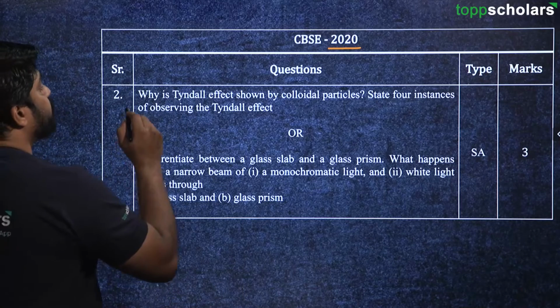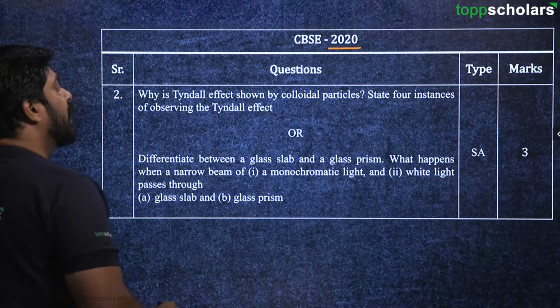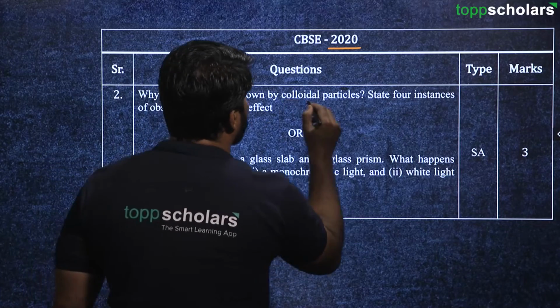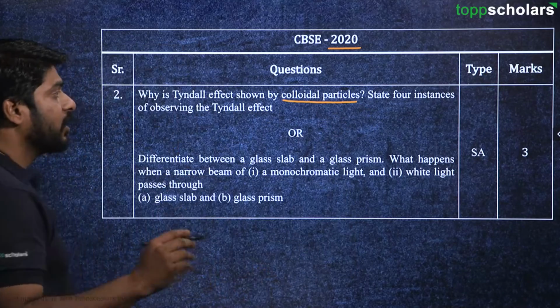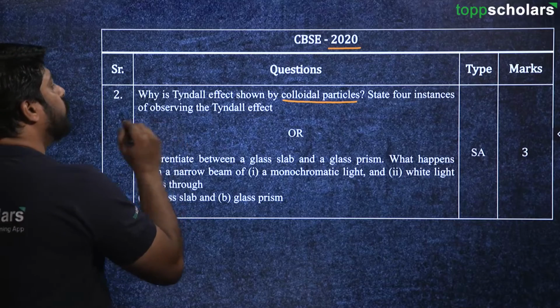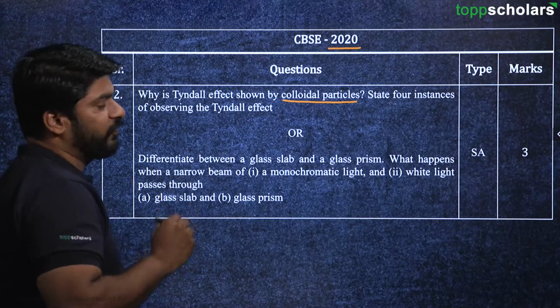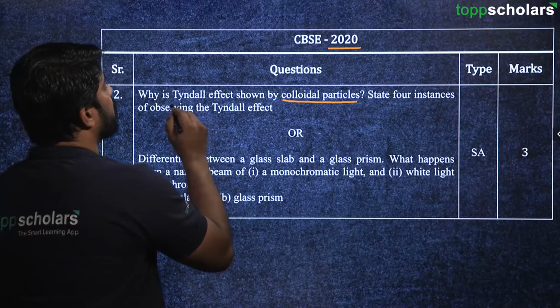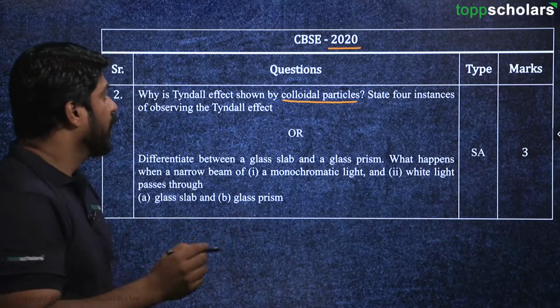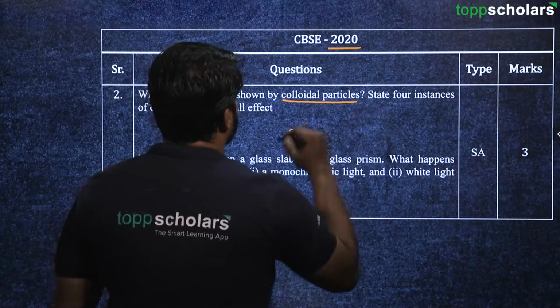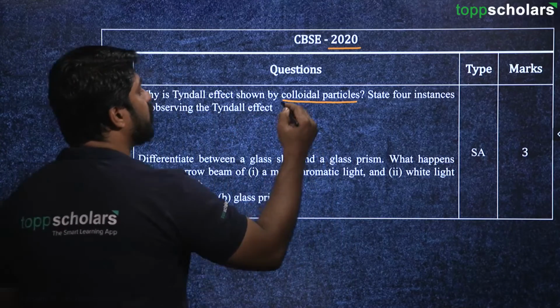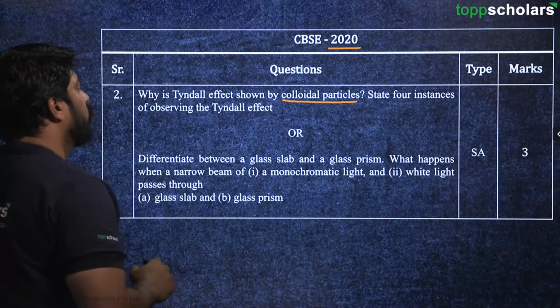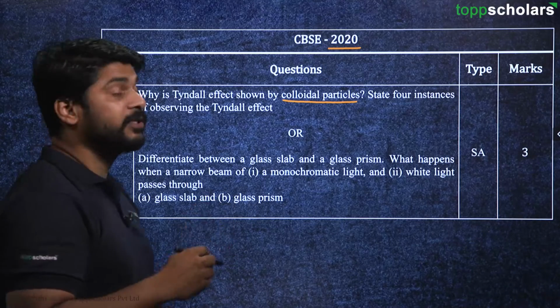So the question is, why is Tyndall effect shown by colloidal particles? State 4 instances of observing the Tyndall effect. Over here we have to talk about the Tyndall effect and why it is shown by the colloidal particles, and we have to talk about 4 instances of observing the Tyndall effect.